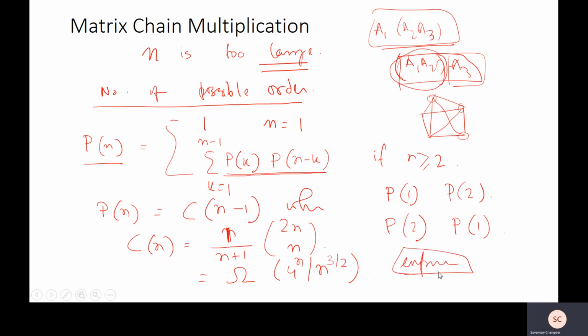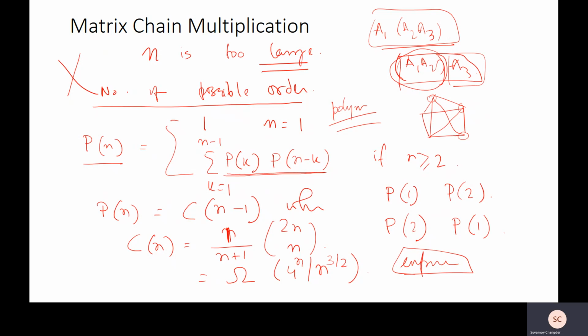So if we list out all different possibilities, it will lead us to an algorithm which is exponential in time. Therefore we should not call it a better algorithm; our target should be to find a polynomial time algorithm.